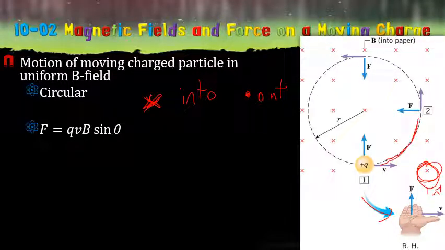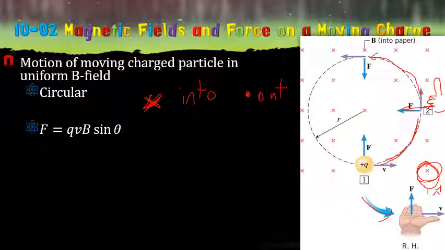When we get to position 2, your thumb would be going there, your fingers are going into the paper still, and now your force is towards the left. So it's going to curve around there.